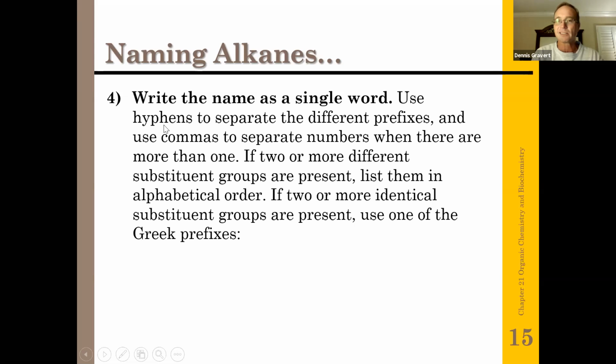And if you have letters, just jam it all together. If you have more than one branch, you list them in alphabetical order. I think we did that with transition metal complexes, so that's nice. Oh, if two or more identical groups are present, use one of the Greek prefixes, di, tri, tetra, so forth.